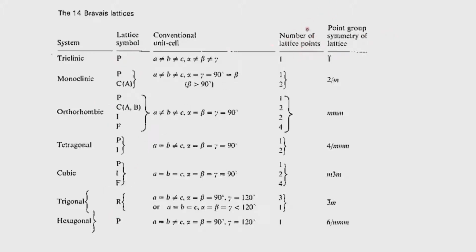The number of lattice points associated will decide on the nature of the Bravais lattice, but the point group symmetry of the lattice is the highest point group symmetry associated with the crystal system. So, just by looking at the point group symmetry of the lattice, one should not conclude the point group symmetry associated with that particular crystal system.